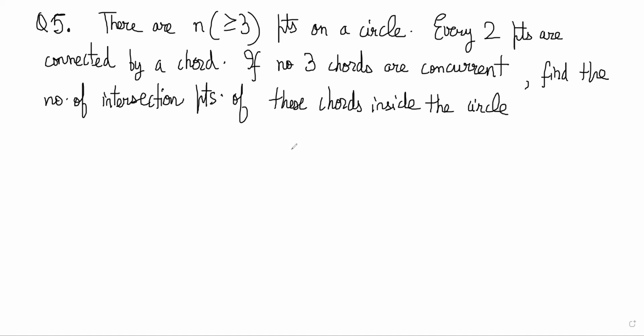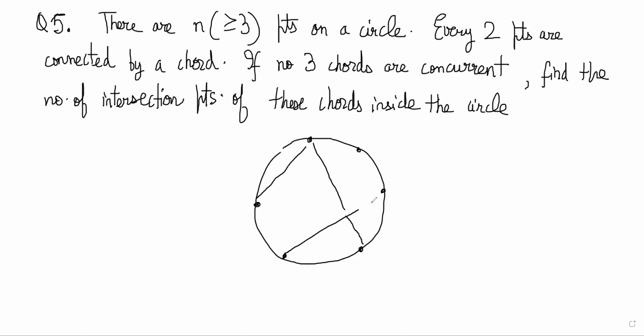So basically there are n points on a circle. Any 2 points are connected. Okay, so you will have a lot of lines here. Any 2 of them are connected, right? Now we are given that no 3 chords are concurrent at any point. So there is no third intersection here, right?